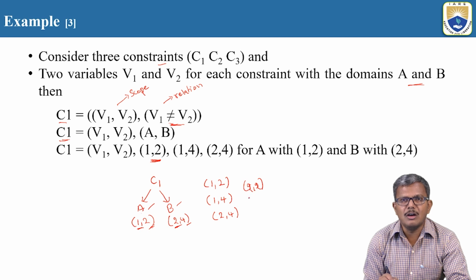Because taking the values is okay, but whenever you compare these two with this particular constraint, that is V1 should not be equal to V2, this assignment is not satisfying the condition. So you should not assign these kinds of values to the variables. That means for this particular example, the possible values we can assign to that constraint are either 1, 2, or 1, 4, or 2, 4.